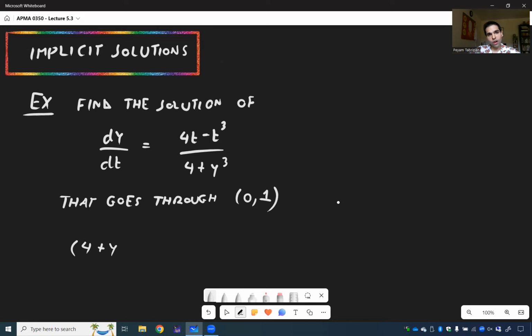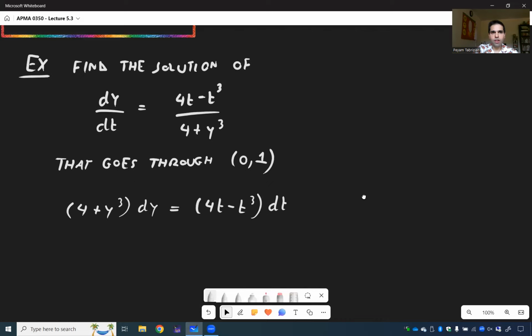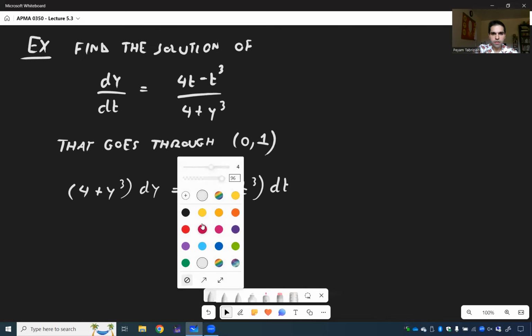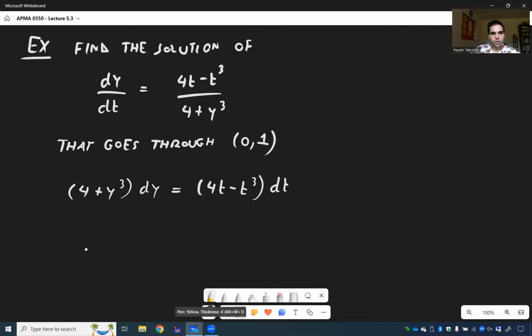So (4 plus y cubed) dy equals (4t minus t cubed) dt. And as before, let's integrate. So the integral of this equals the integral of that.